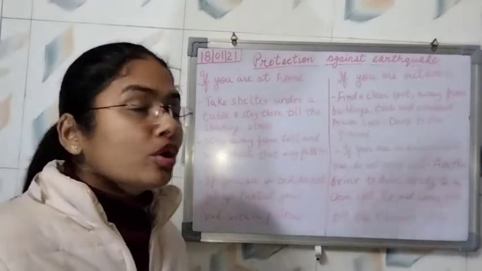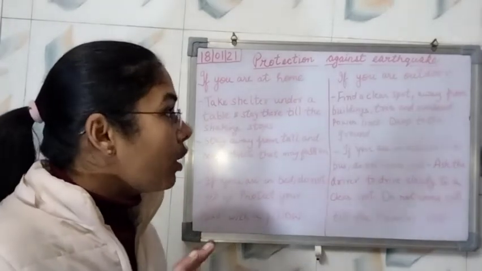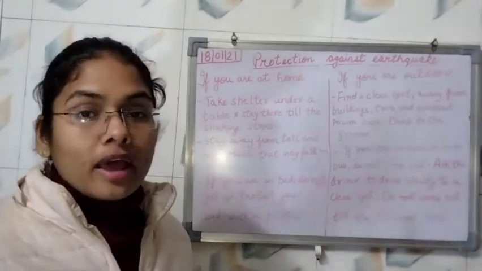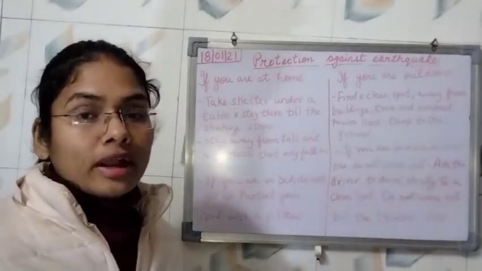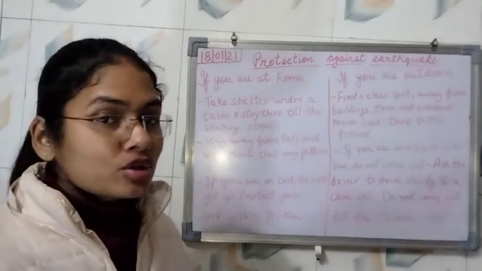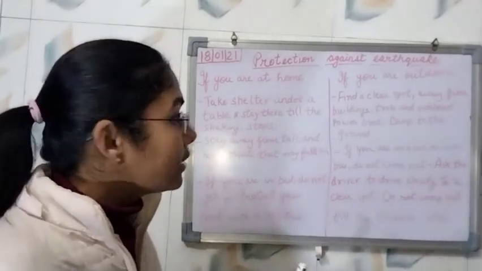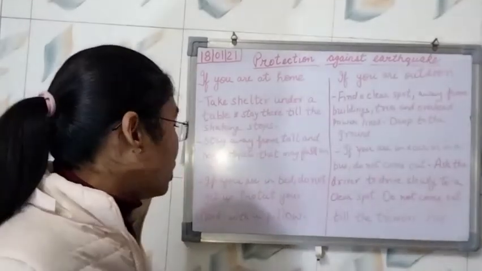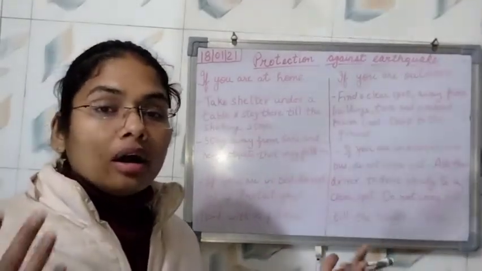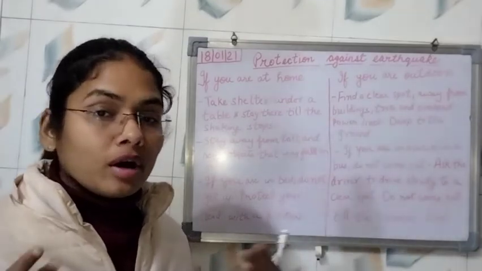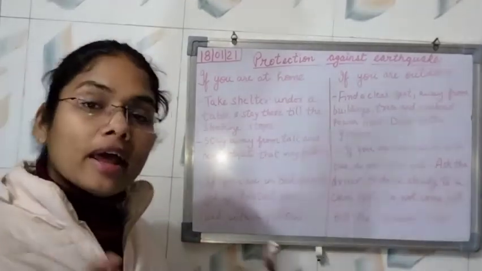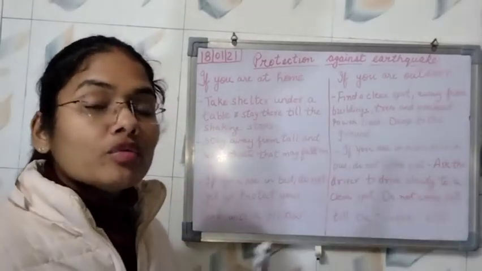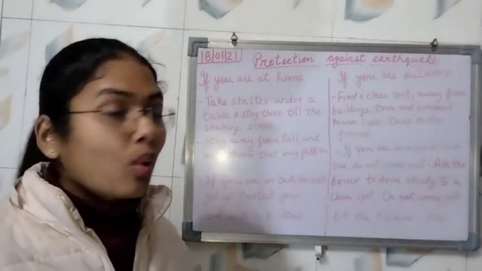Check if there are any tall or heavy objects around you. Also, if you are in bed, do not get up. You can protect yourself by taking the pillow on your head. So these are the protections you can take when you are at home.